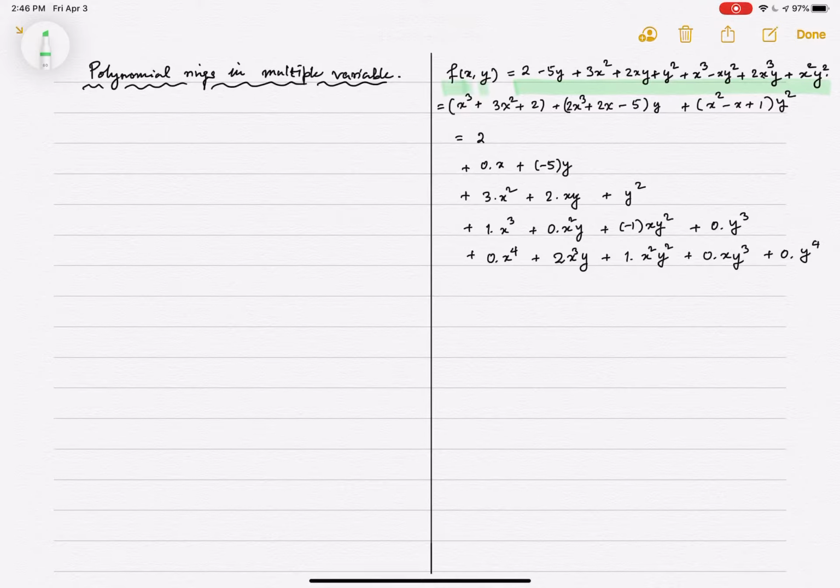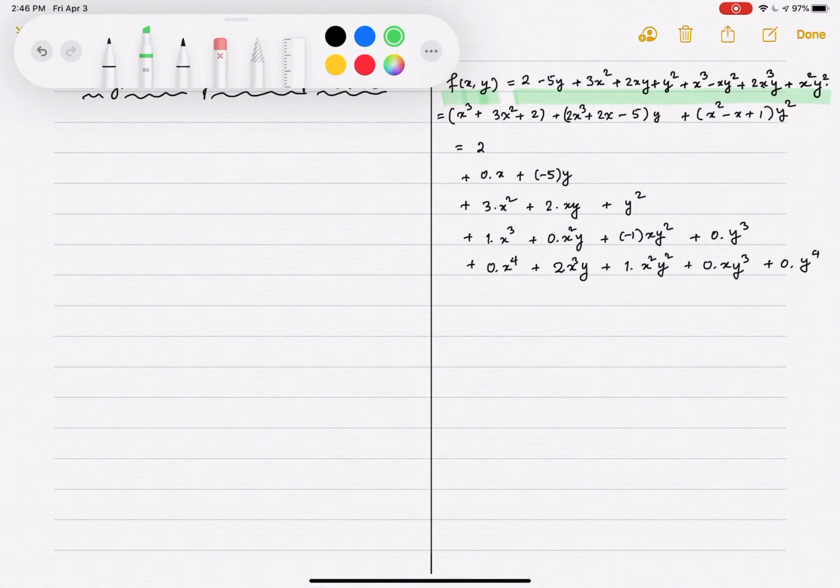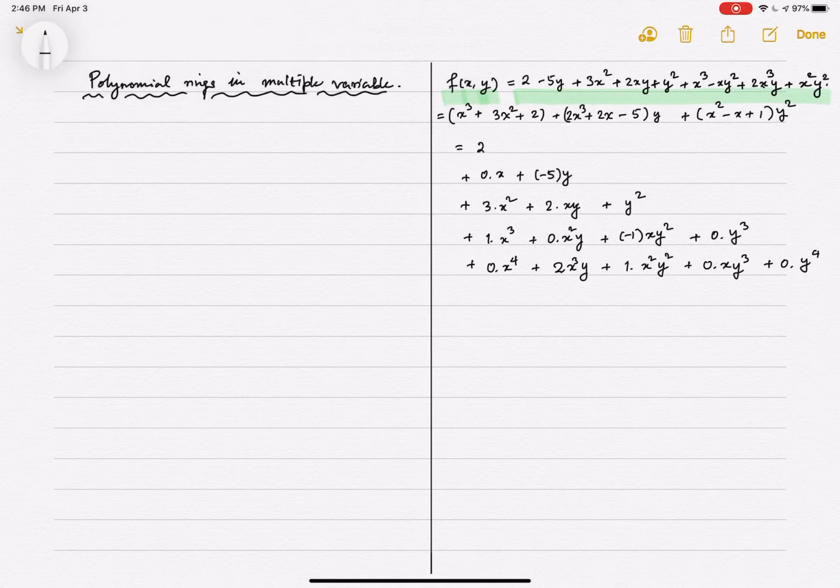I call it f(x,y). It's an expression that looks like 2 minus 5y plus 3x squared plus etc. So a general polynomial in n variables, x1, x2, ..., xn, with coefficients in a ring R, is a creature that looks like this.